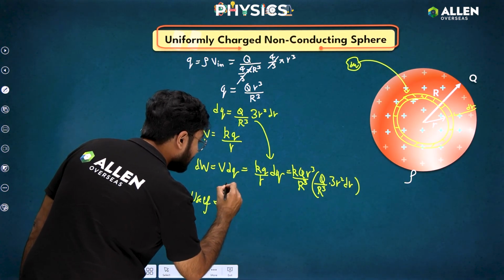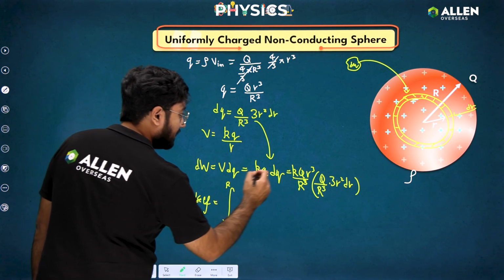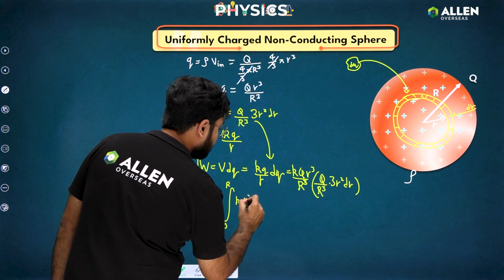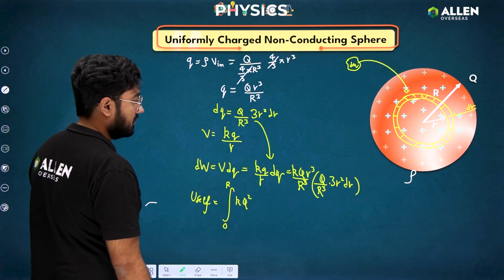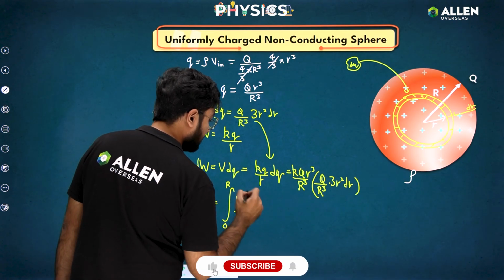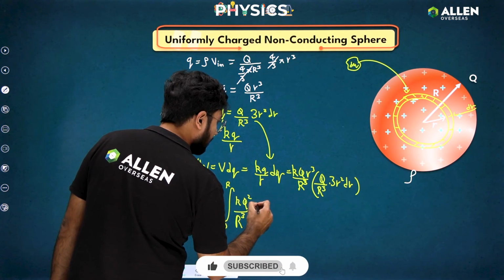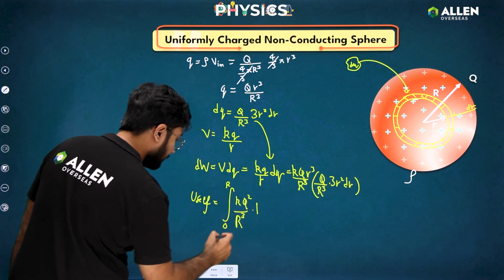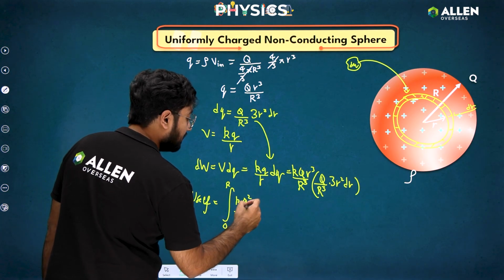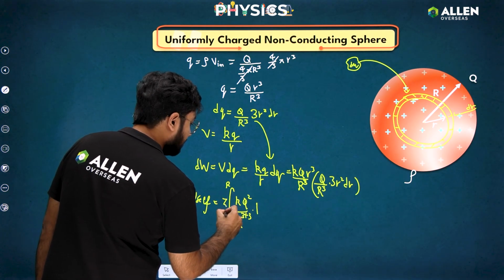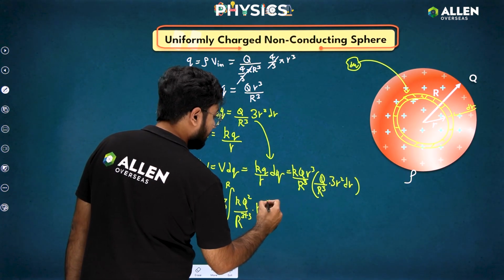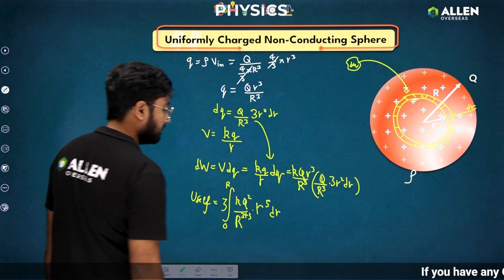So 0 to capital R, kq squared over R cubed times r to the power 6, r cubed plus r cubed, 3 plus 3, times 3 that comes outside, r to the power 5 dr.